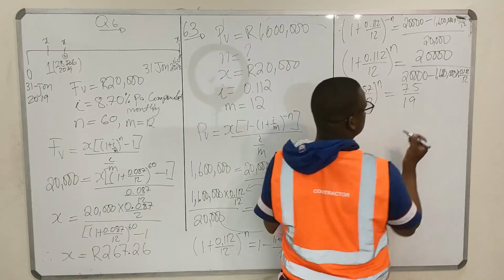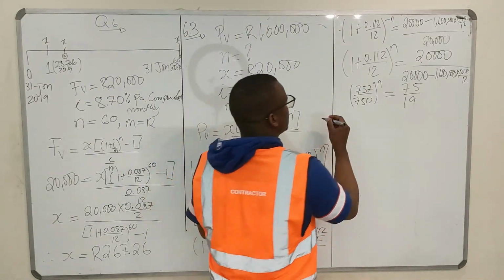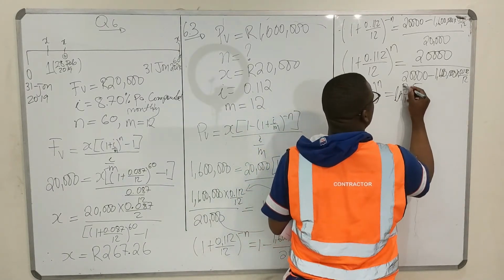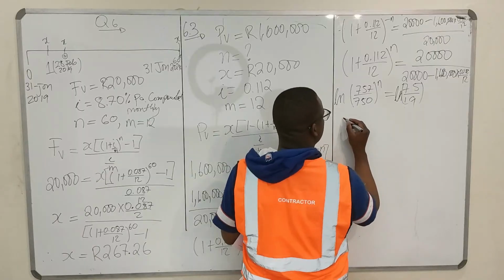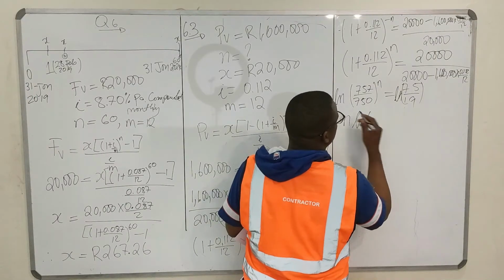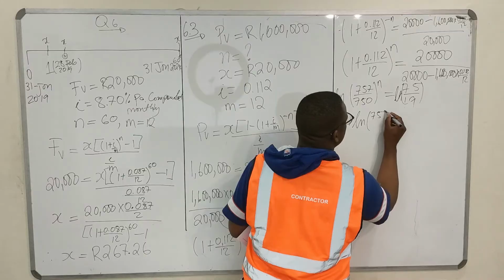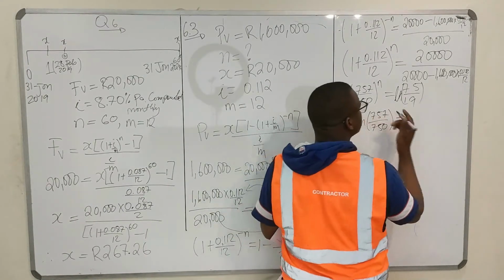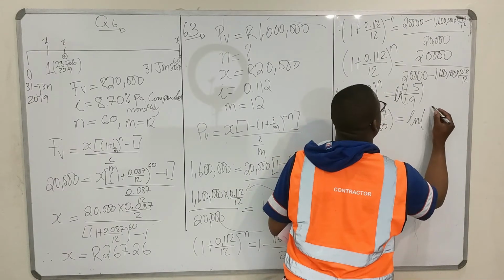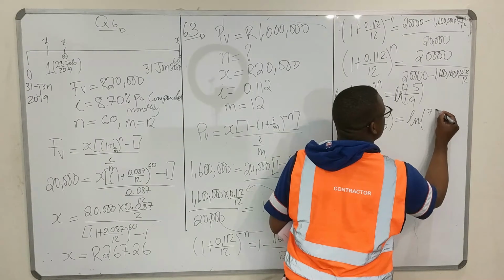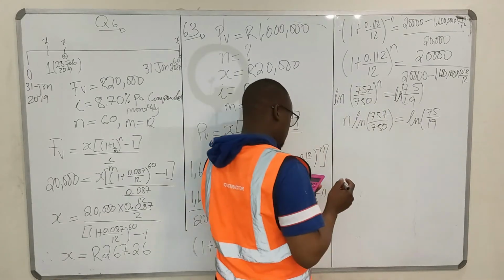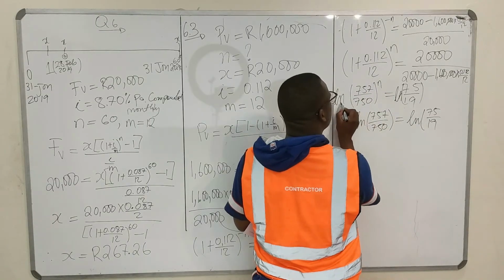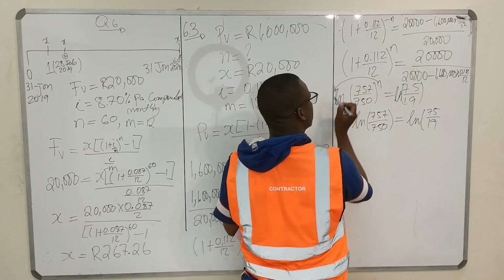You get 75 over 19. Then from here, take the log of this side, take the log of this side. So you have n times natural log of 757 over 750 equal to the natural log of 75 over 19. When you apply the natural log, this n comes to the front.